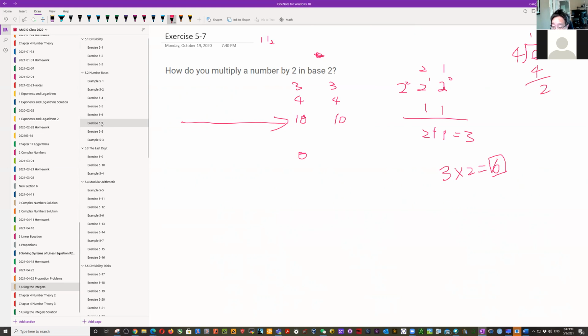Then the remainder is 2, which is 2 to the first power. So 6 can be written as 4 plus 2, which equals 1 times 2 squared plus 1 times 2, equal to 110 in base 2.